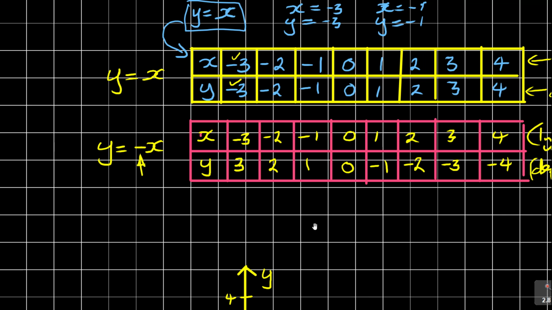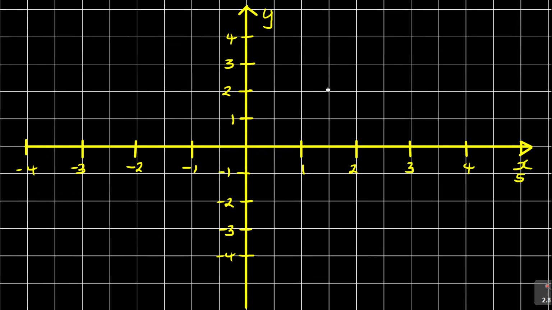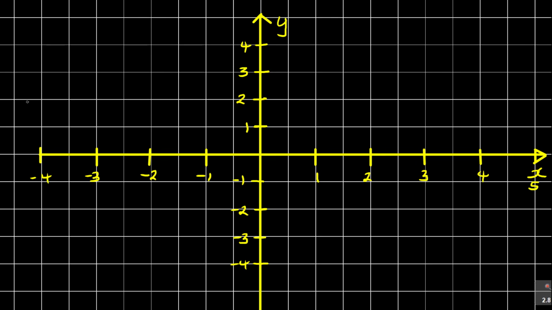Where do we get that point? You come here and say, okay, I'm going to go to -3 for x. Remember the x-axis, there is -3 here. So you're like, oh, I'm here, -3. That is for x. Remember, x is -1, x is -2, x is -3, and it said y was -3.